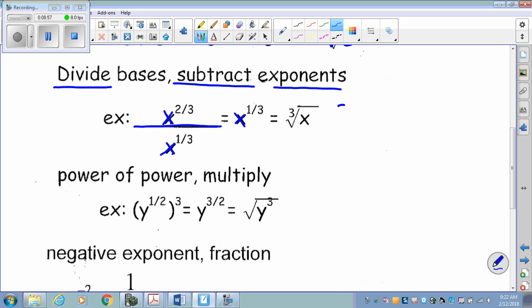So I'm going to take 2/3 minus 1/3, and that is 1/3. The denominator stays the same and you subtract your numerators. And then I can write that with the root on the outside and this on the inside.